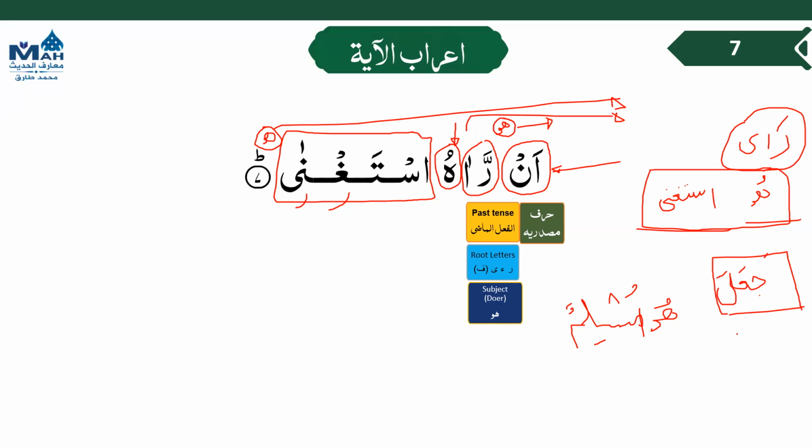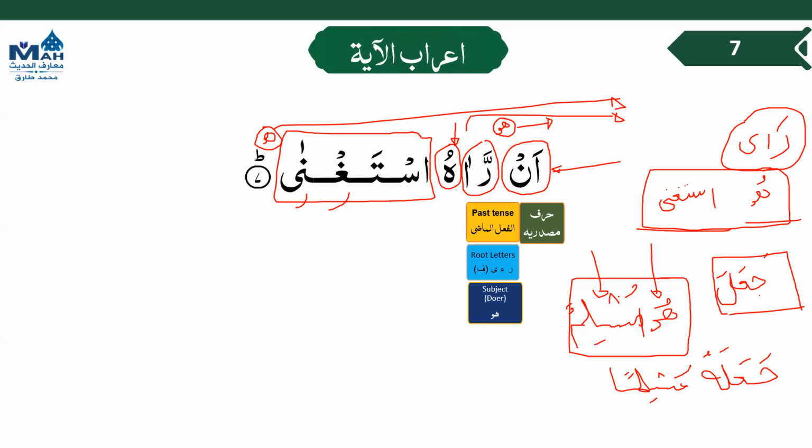He made. So I want to use ja'ala on that jumla ismiya. I will say ja'alahu musliman. So the mubtada became first maf'ul, and muslim, second maf'ul.